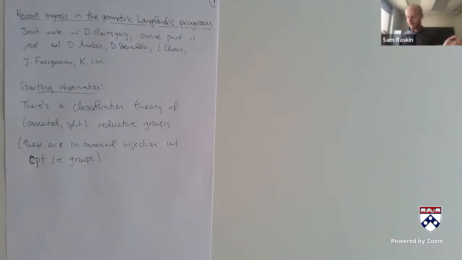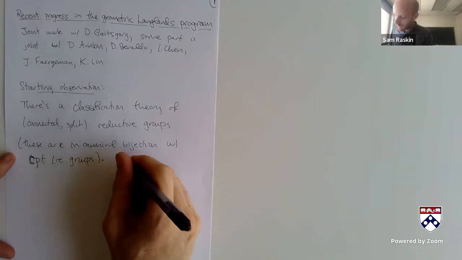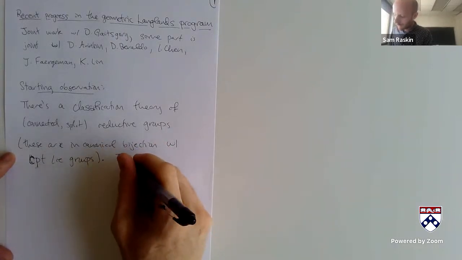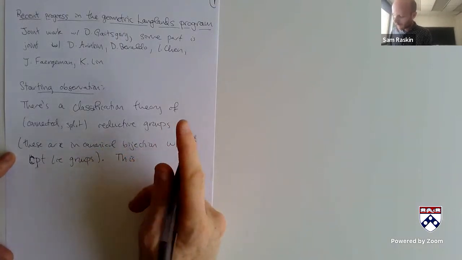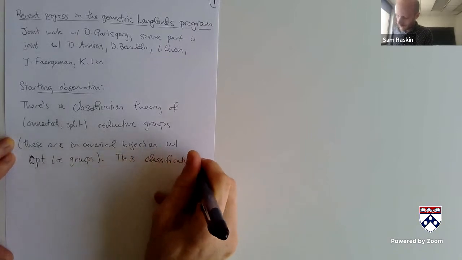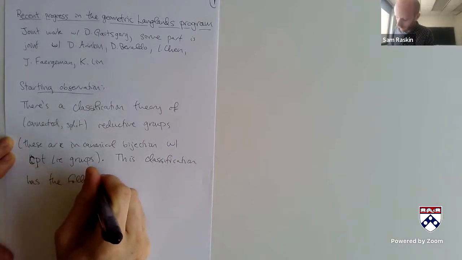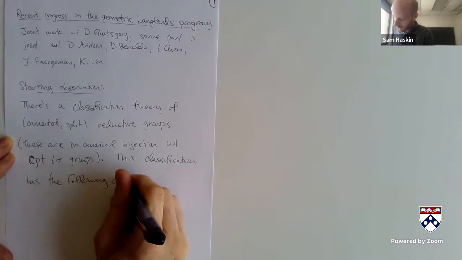So when I say GLN, you should think of a unitary group instead. And this bijection, this classification, has the following flavor. Well, the following data.